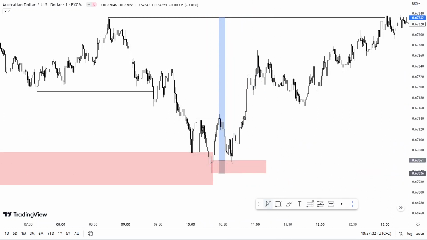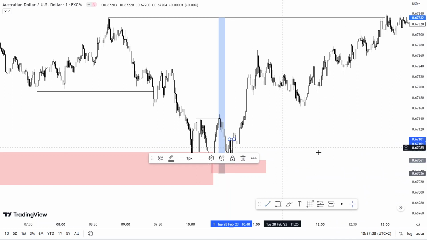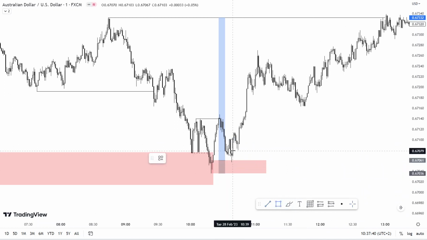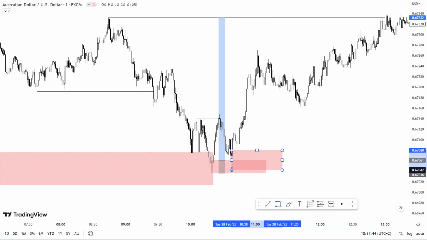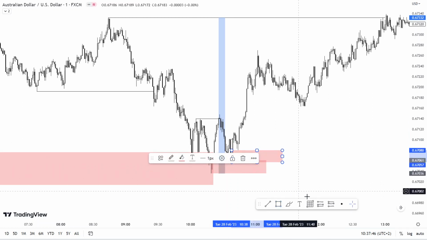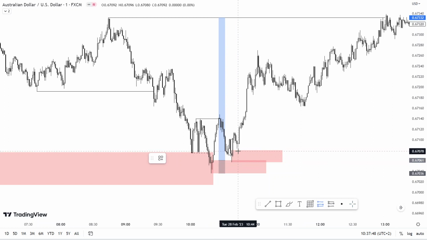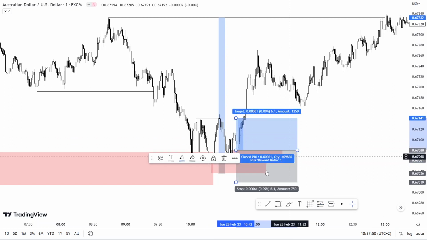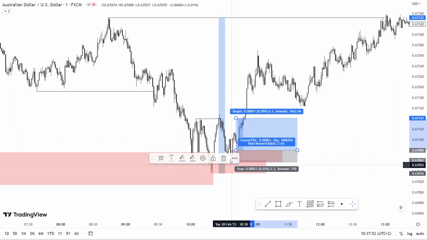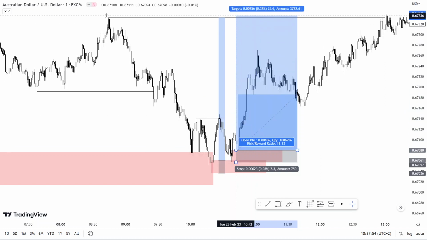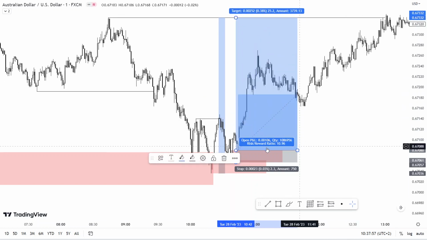Once you get a reaction from here, we can see that we have a stop hunt right there, break of structure right here, and then you can also take your entry from here as well. You can also take your entry from here. .3 pips, so target right there.